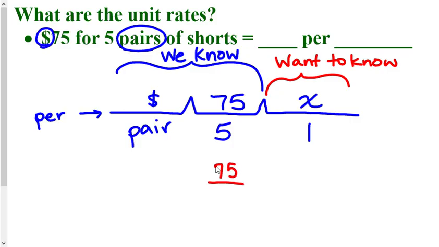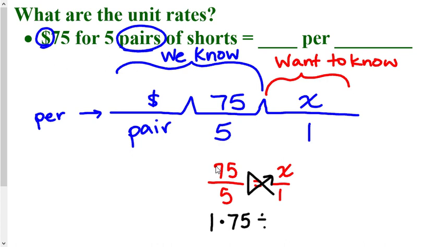It's a ratio of 75 to 5 equals x to 1. Remember how we solve something like this: by cross multiplying and then dividing, because that uses what we know about cross products. So 1 times 75 divided by our leftover number, which is the 5.